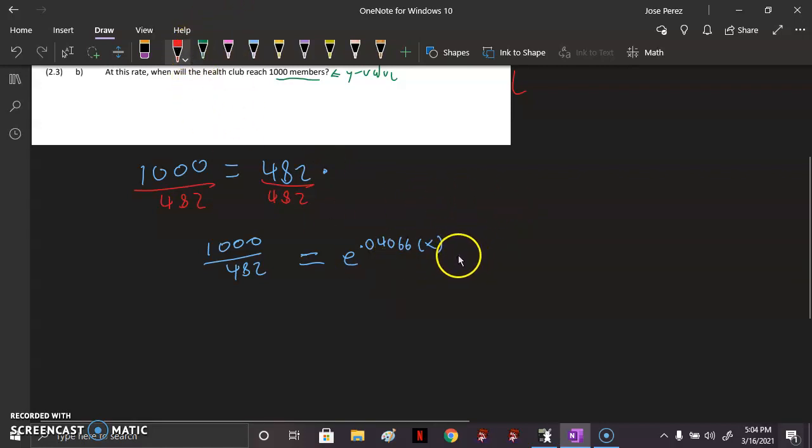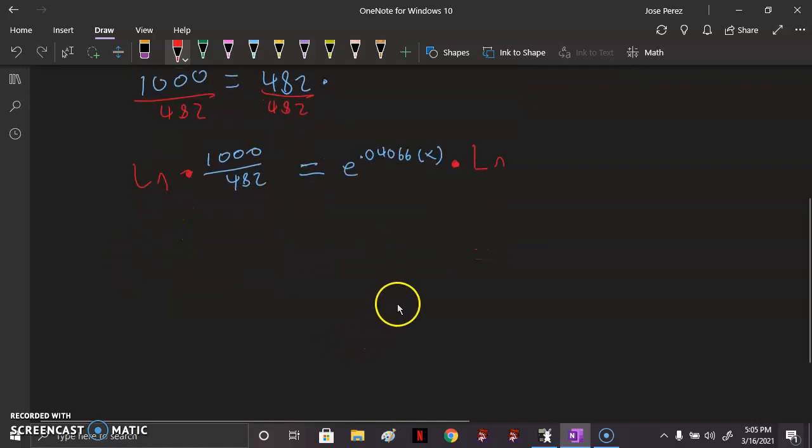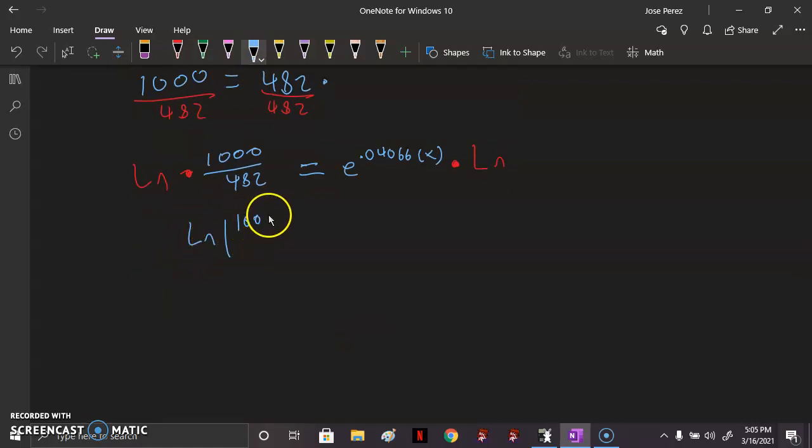So we're going to do the log. Natural log, I mean. So times ln. You can also times ln, so times ln. And let me move down. So we're going to have ln of 1,000 over 482 equals, well, these cancel out.